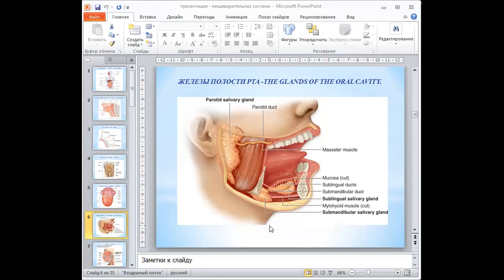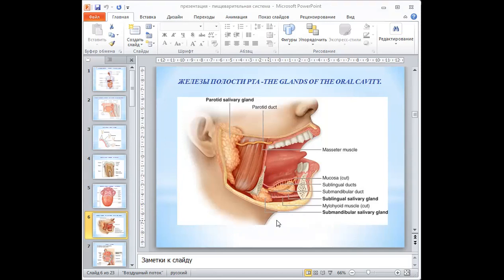They have a duct 5 to 6 centimeters long and open near the second large molar on the upper jaw.